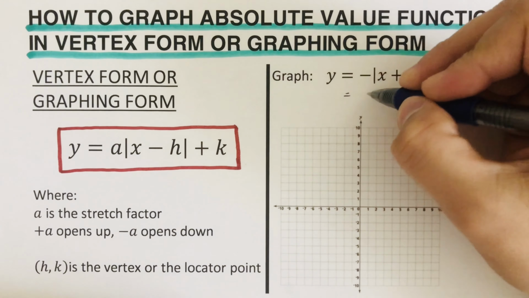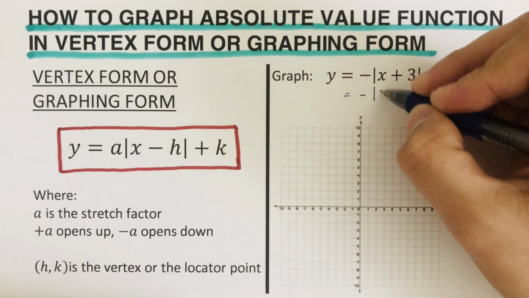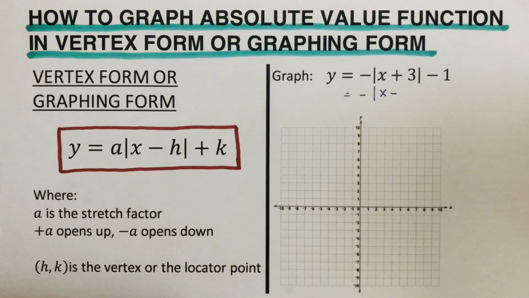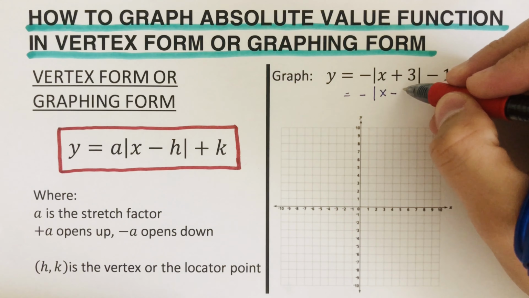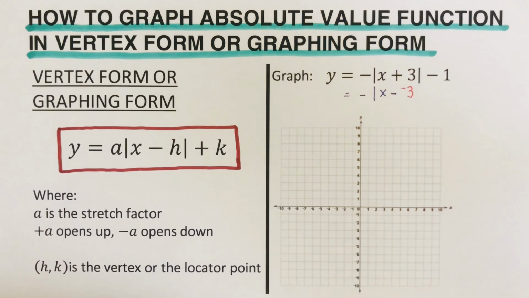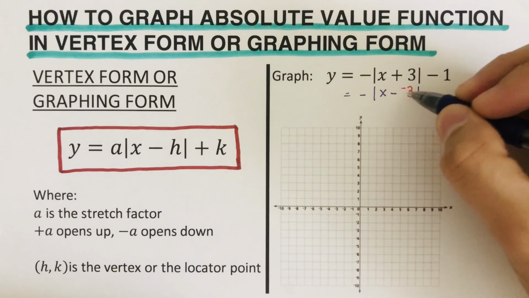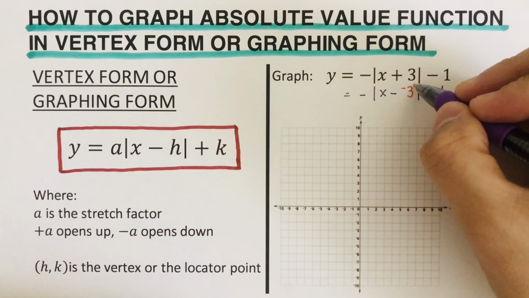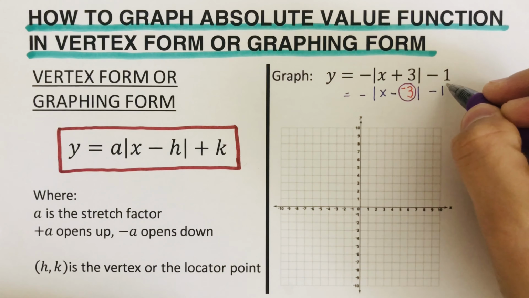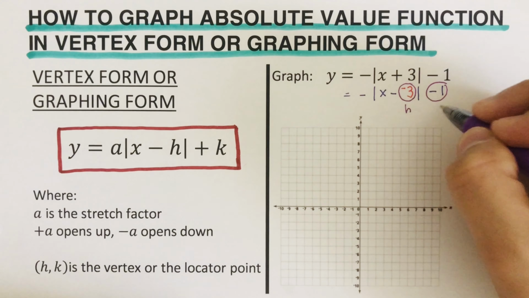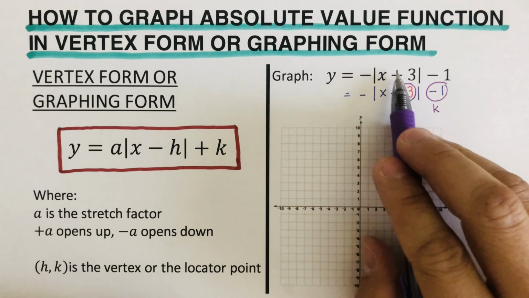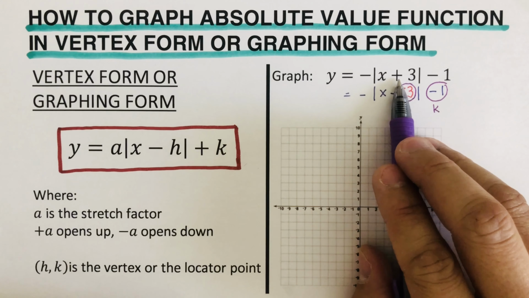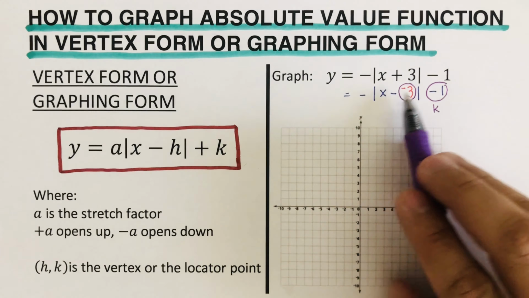So this is negative of the absolute value of x minus, so that means our h was actually negative 3, so that it came out to be positive 3. So this is our h and this is our k. Since both are negatives, it came out to be positive, because we have a negative and a negative.